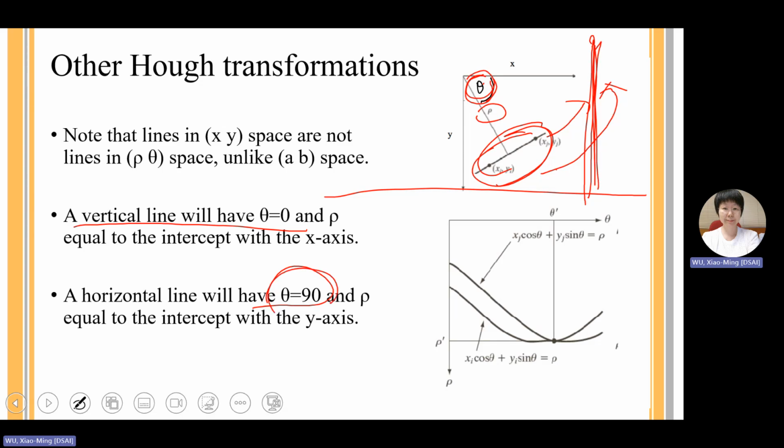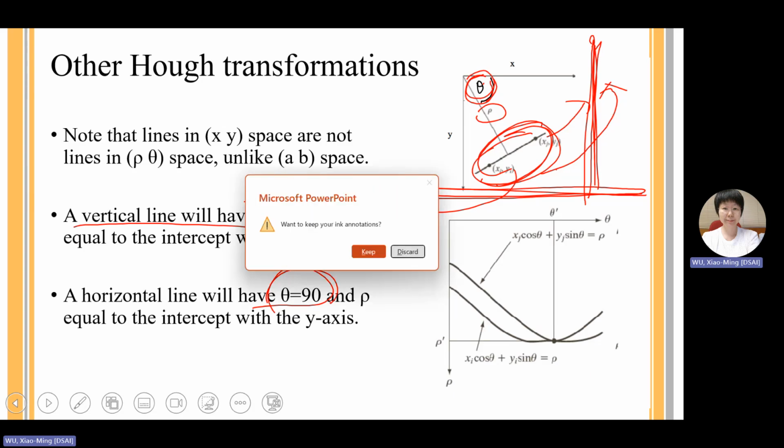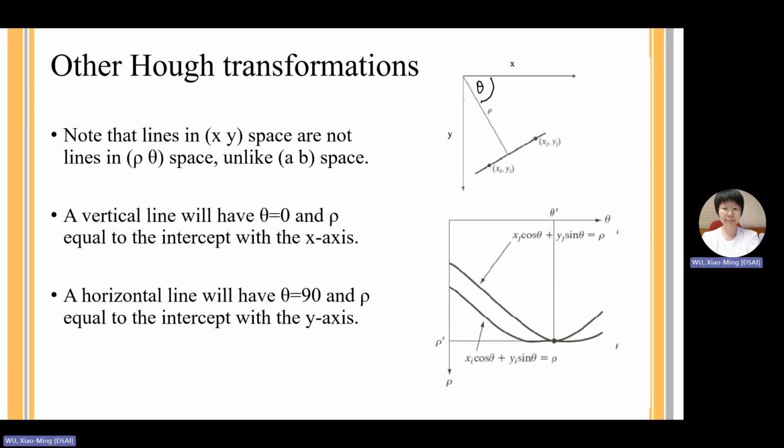If we rotate this line clockwise, then theta will become 90 when the line becomes a horizontal line. So using polar expression, we can represent a vertical line conveniently when theta is 0 and a horizontal line when theta is 90. This is just another expression of straight lines.